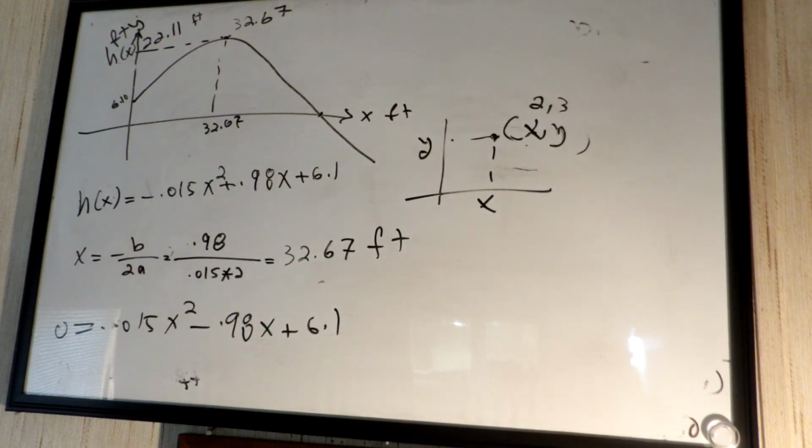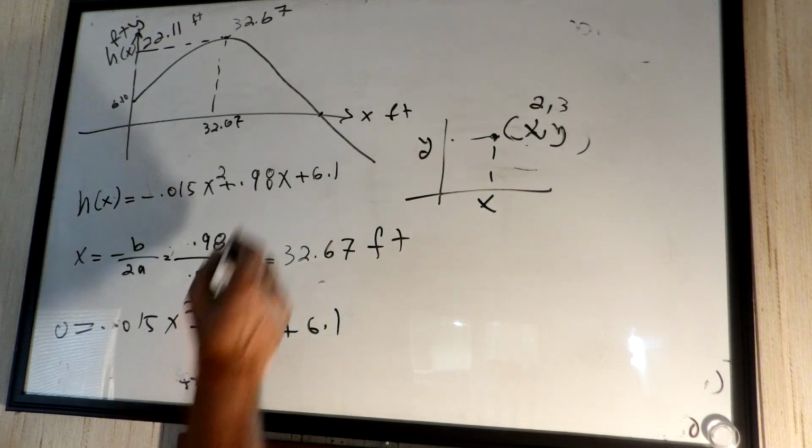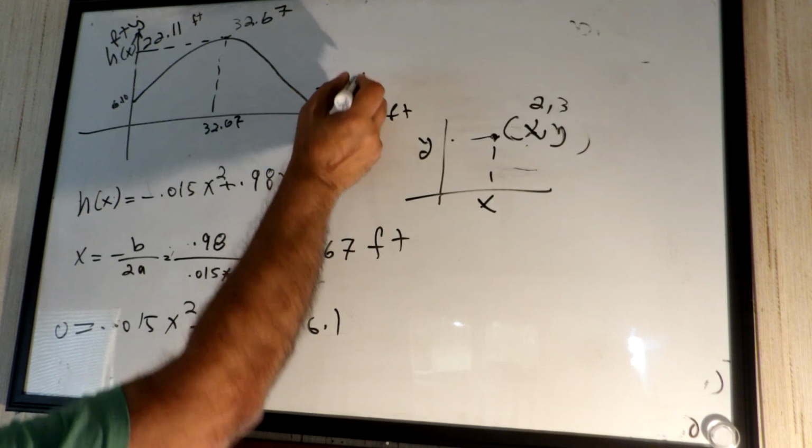Then if you do that and calculate the second value for 0, it's going to be 71.06.